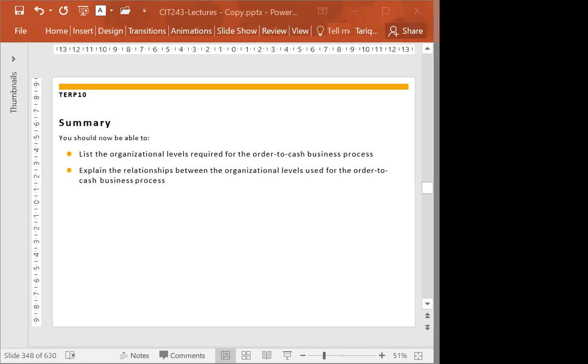Many distribution channels to one sales organization, or many sales organizations to one, or many to many, or many to one. Which one? Okay, many distribution channels to one sales organization.